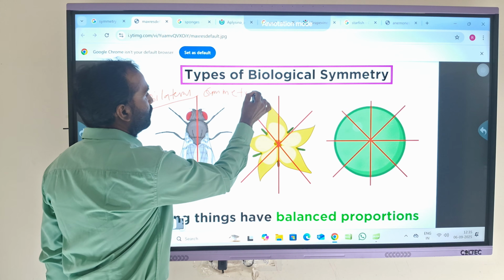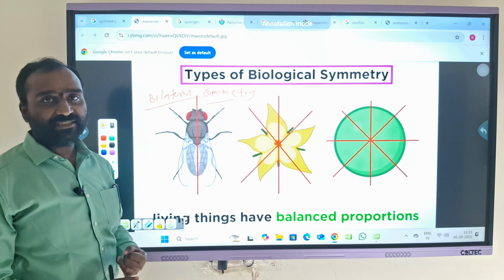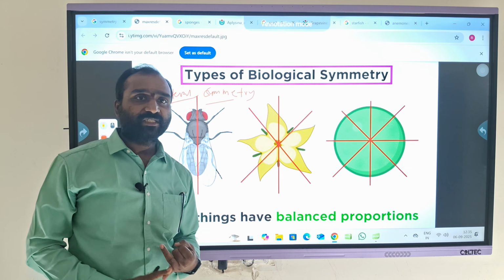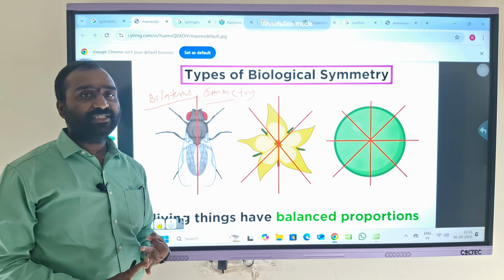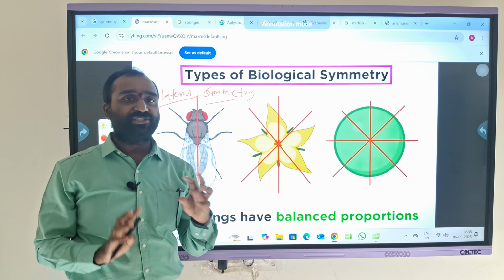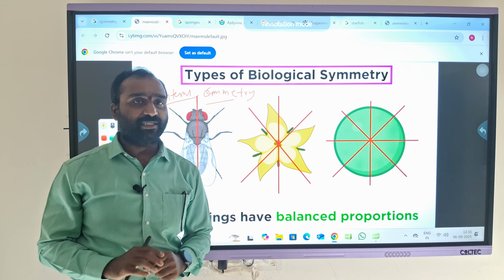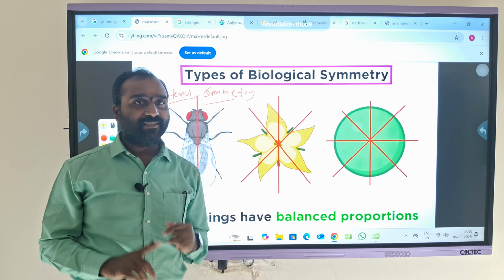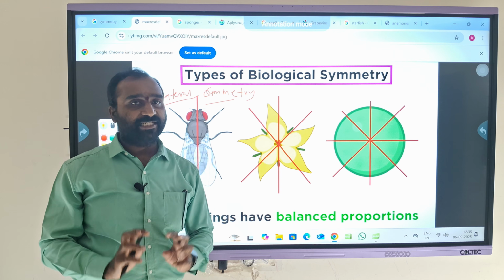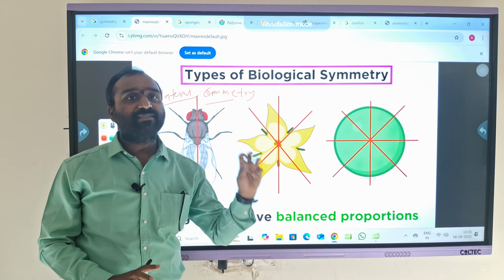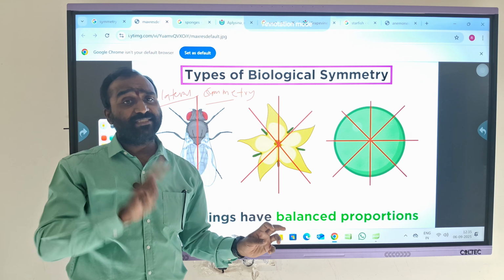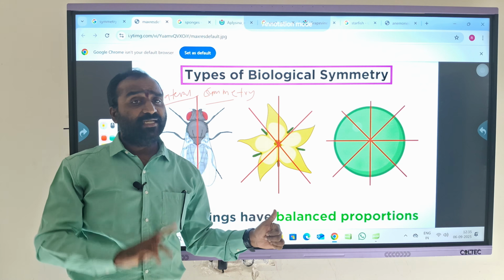Right? So what did we discuss? What is symmetry? Then types of symmetries. Next one is asymmetry, in which organisms do not have symmetry. Example is sponges. And radial symmetry, the organism exhibiting monoaxial heteropolar symmetry. Example is sea anemone. And here also we discuss the larva condition and adult.